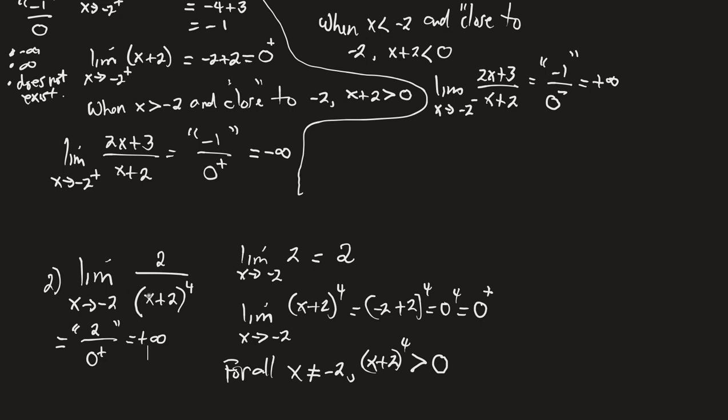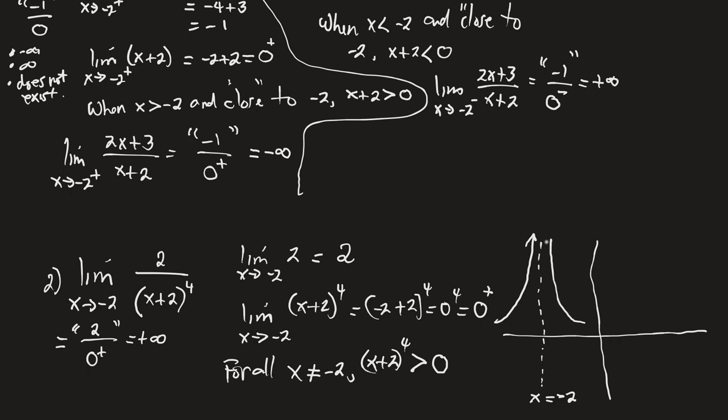And incidentally, if you were to look at the graph of this function, it will look like this. It will have a vertical asymptote at negative 2. So over here, this will be x equals negative 2. And on either side, you will see positive infinity from the left, positive infinity from the right.